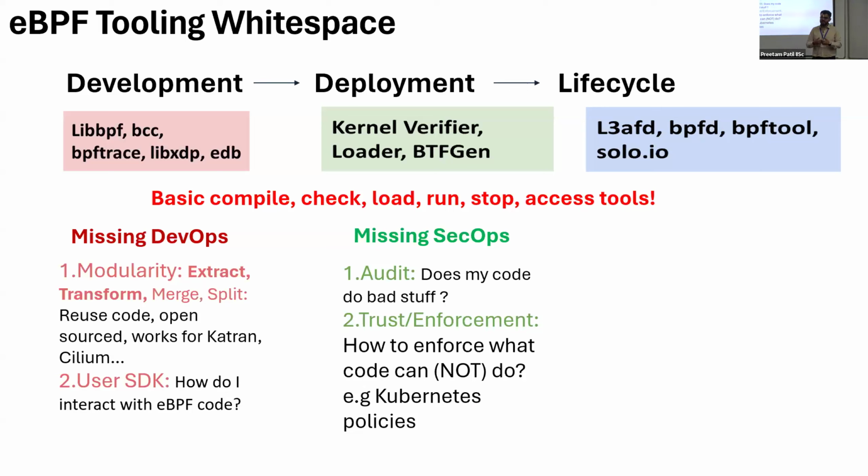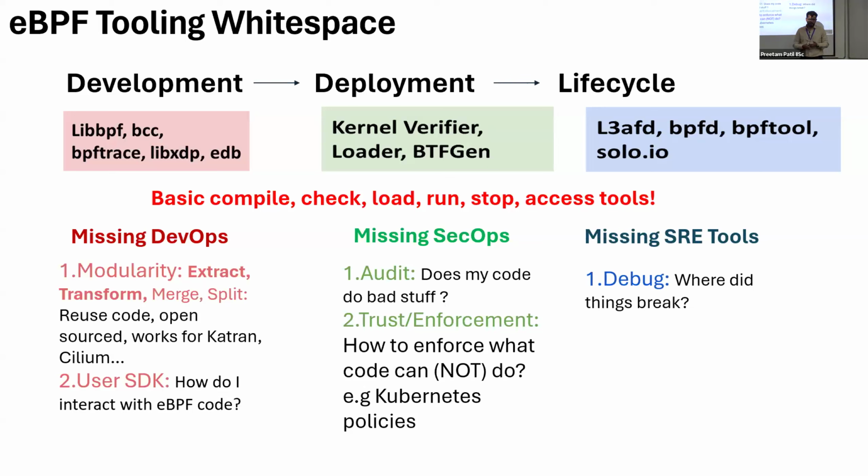So can I trust the eBPF program that I'm downloading from the internet and loading? Can I trust Cilium, for example, that it doesn't do specific types of operations on my packet? And finally, SRE tools to debug where things break and how things are working.